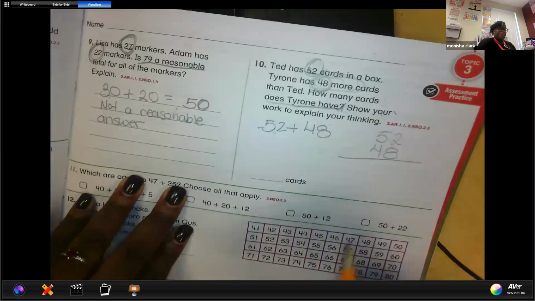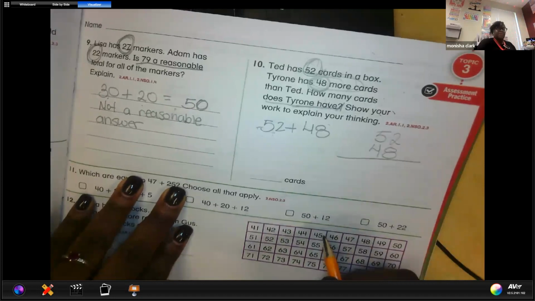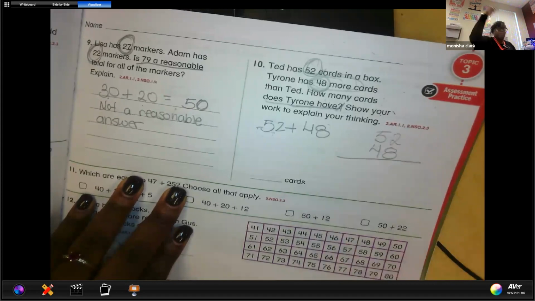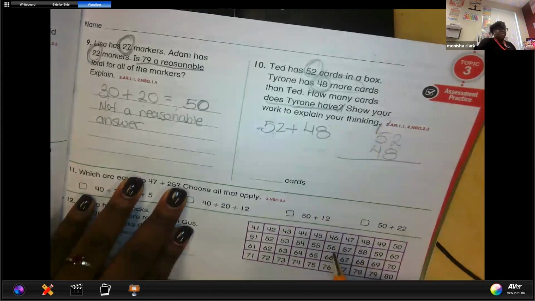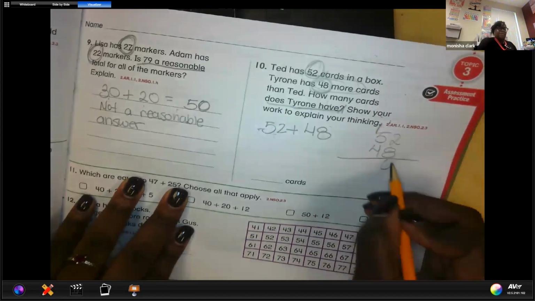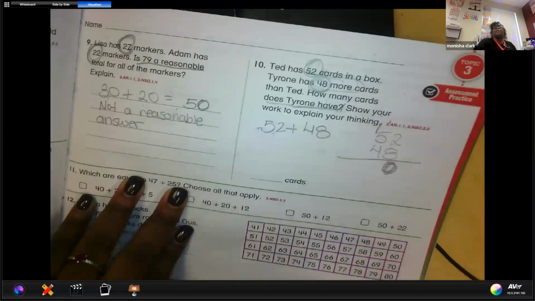8 plus 2 is what? 10. We know that the ones place can only have one digit, so we have to give that 1 over to the tens. We know that 0 is still a digit. So we must put this 0 here to hold this spot. 0 is any number between 0 and 9.